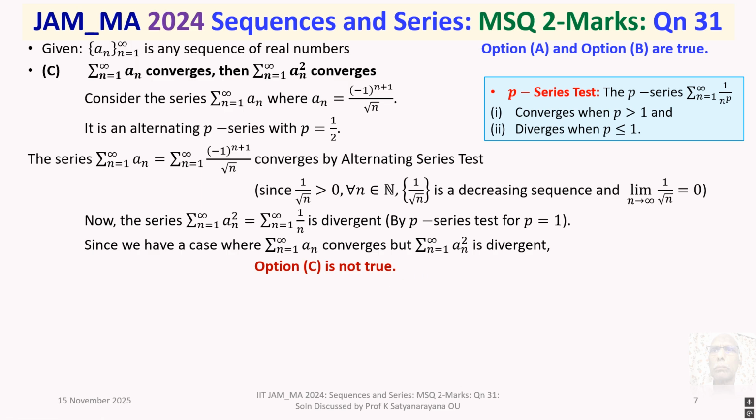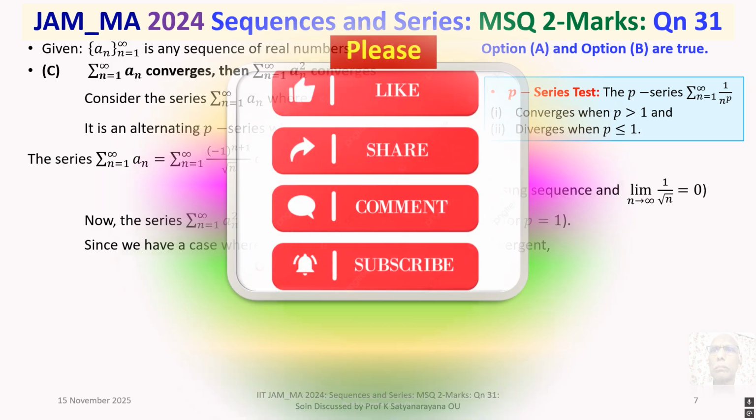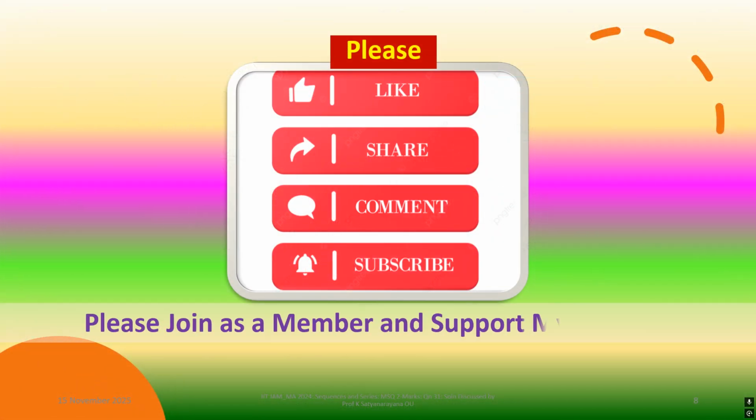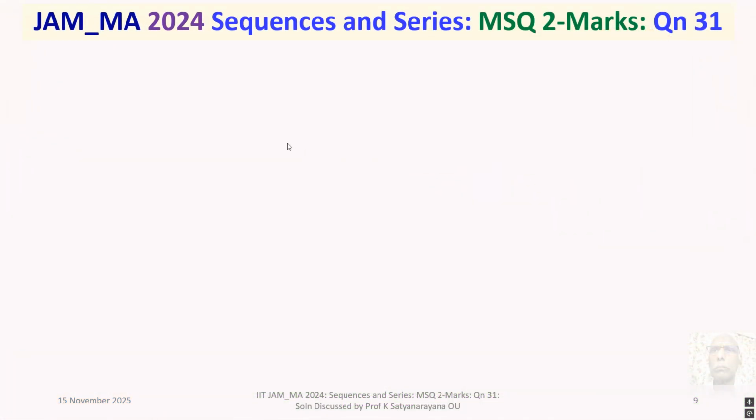We move to the next slide for the further discussion of option D. Option D says: if sigma n equals 1 to infinity of an converges, then sigma n equals 1 to infinity of an cube converges. This is a tough option.